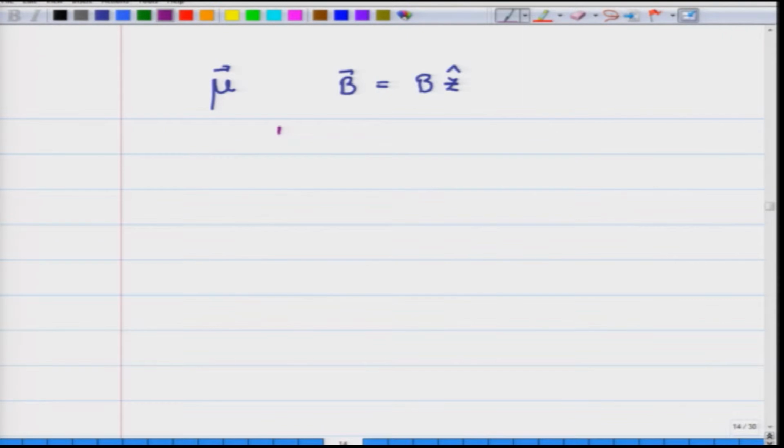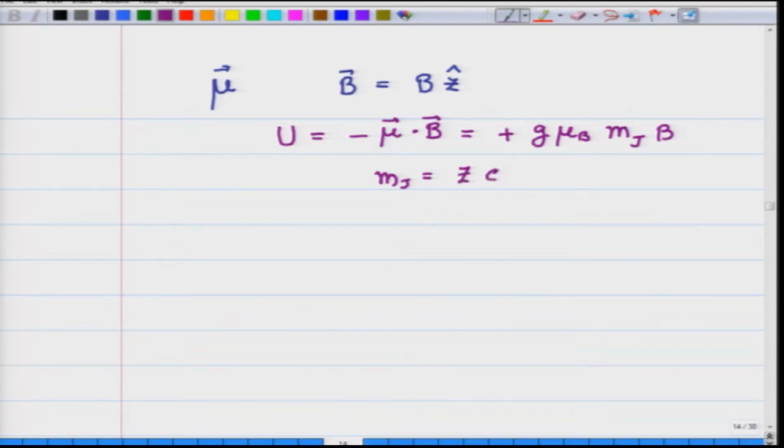Then the energy of each atom is going to be minus mu dot B, and this is going to be equal to plus g mu B m_j times B, where m_j is the z component of the angular momentum.